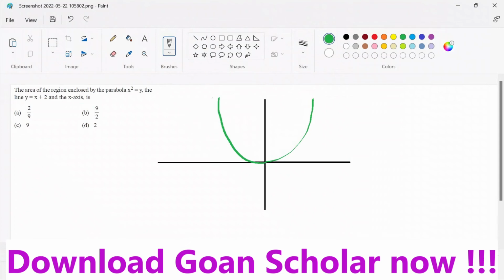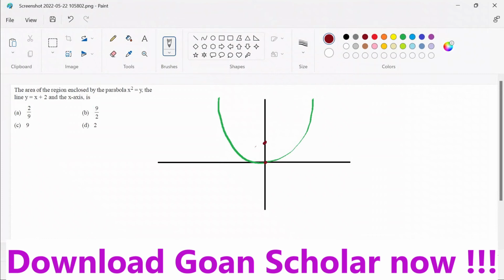Now next is y equal to x plus 2. So always take the origin first. If x is 0, what will be y in that equation? Y equal to x plus 2. If x is 0, y is 2. So that will be this point. Great. And if y is 0, what will be x?